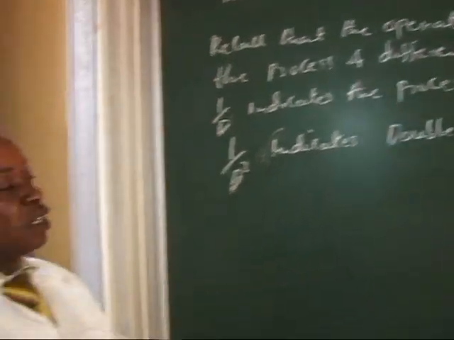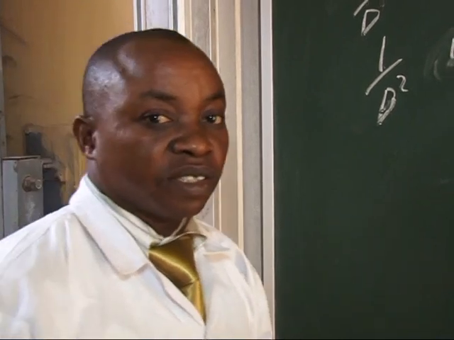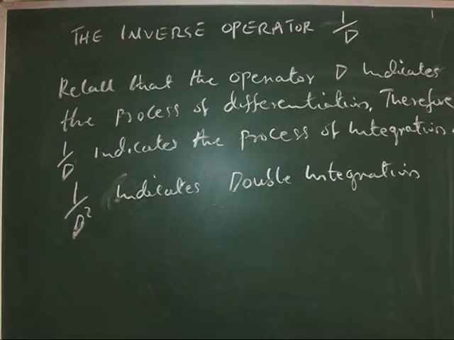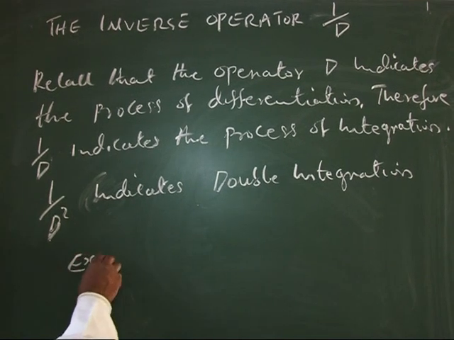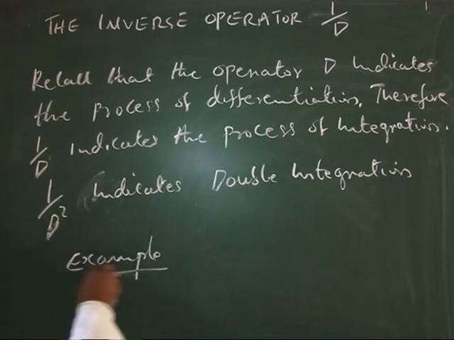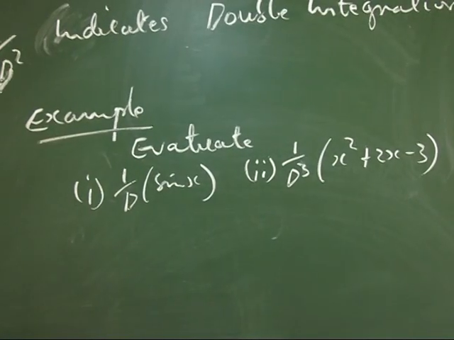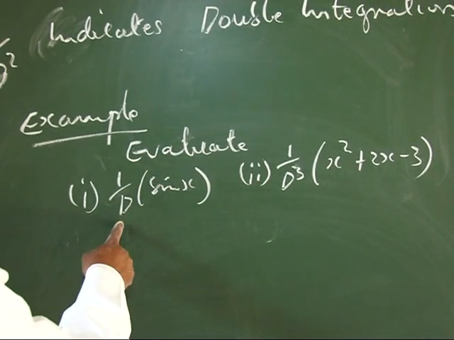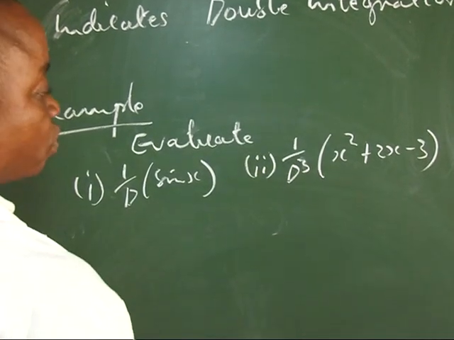If I have 1 over D cubed, then I have to integrate it up to 3 times. So let's look at an example of how we can integrate using operator D. Example: evaluate (1) 1 over D of sine x, and (2) 1 over D cubed of x squared plus 2x minus 3.